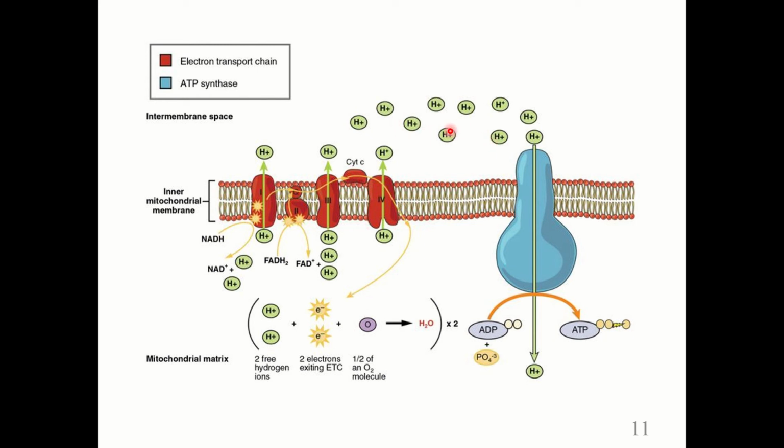The hydrogen ion gradient is more concentrated on one side of the mitochondrial membrane. The hydrogen ions will then flow along their concentration gradient through the ATP synthase enzyme. As the hydrogen ion flows through the enzyme, it powers the enzyme to join adenosine diphosphate to an inorganic phosphate. Remember, this is an endergonic reaction, thus it requires energy in order for it to occur.